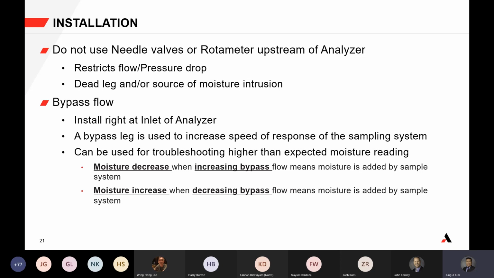If the moisture reading decreases when increasing bypass flow, it means that moisture is added by the sample system. If the moisture reading increases when decreasing bypass flow, it means moisture is added by the sampling system. So this is a very good way for debugging higher than expected readings.